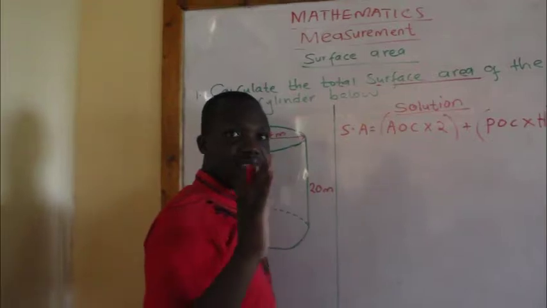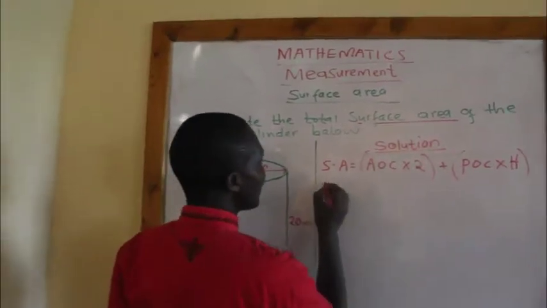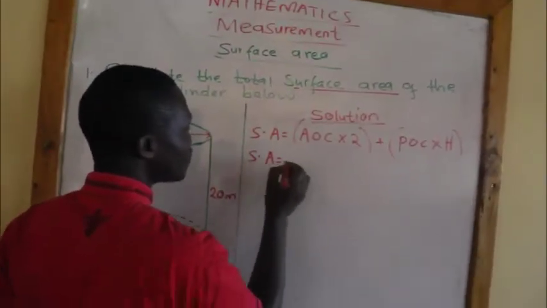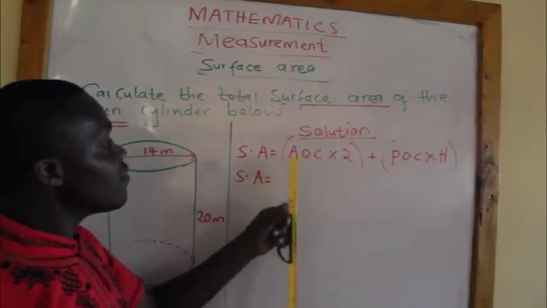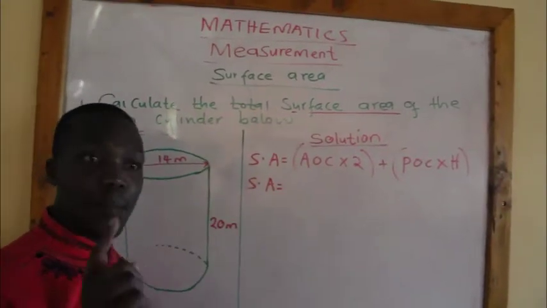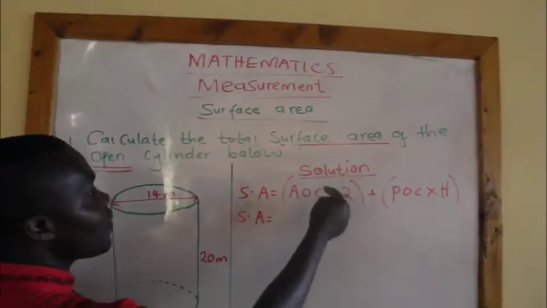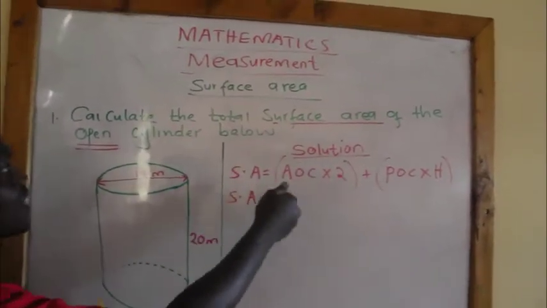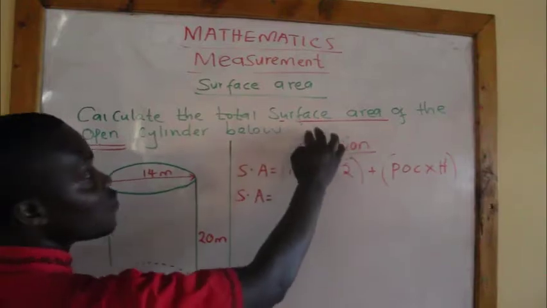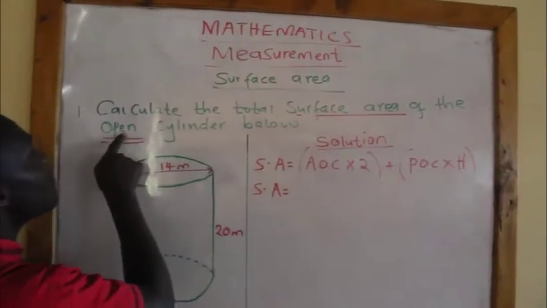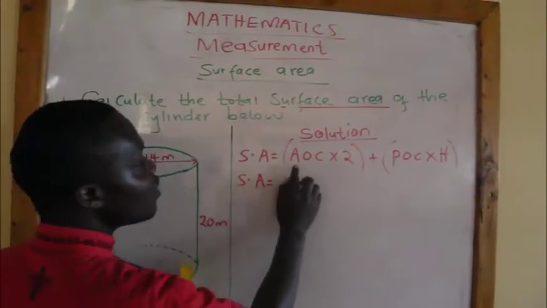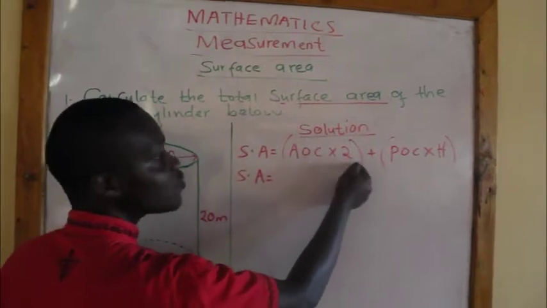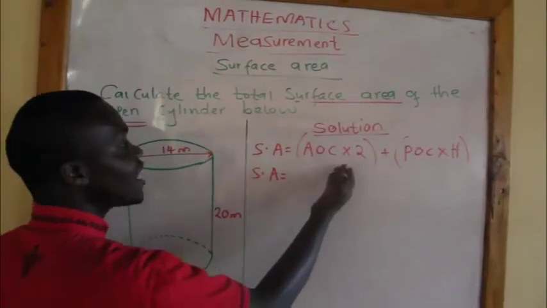Don't forget that. Now surface area is equal to the area of the cross section. When I told you to remember reading the questions time and again, it is because the question was stating to find the surface area of the open cylinder. When you find the area of the cross section times 2, it means there are 2 cross sections.